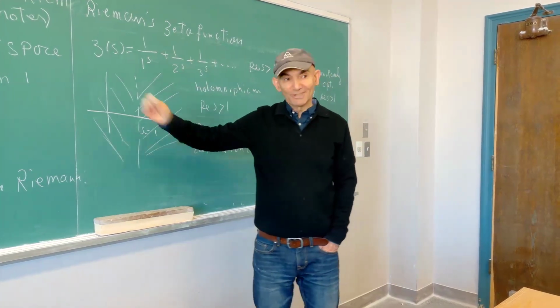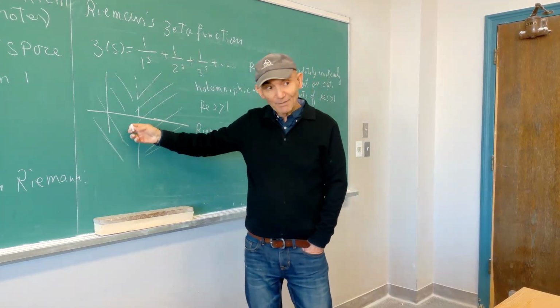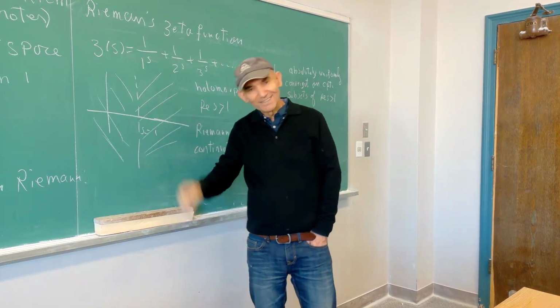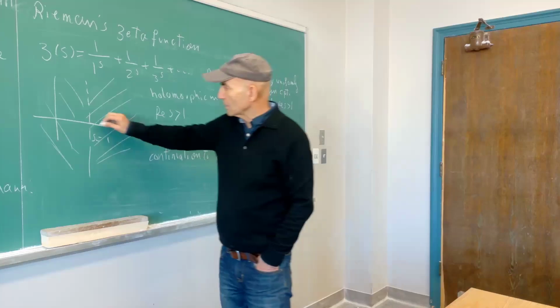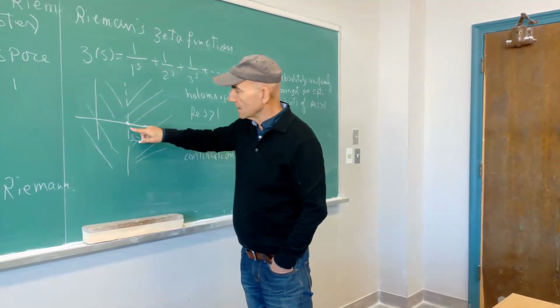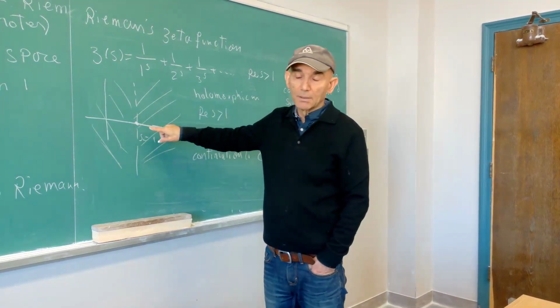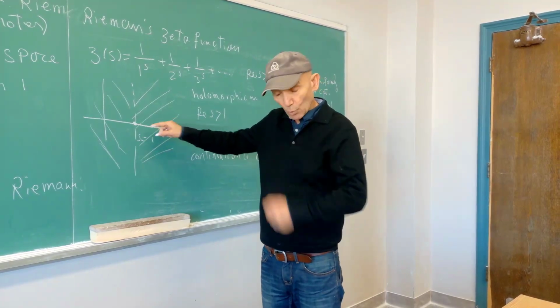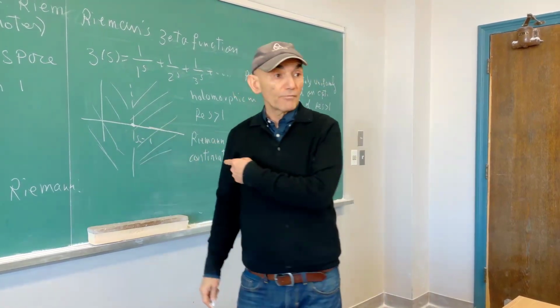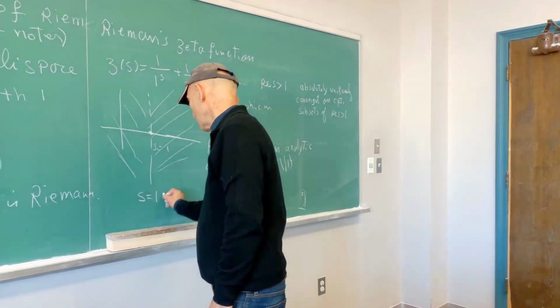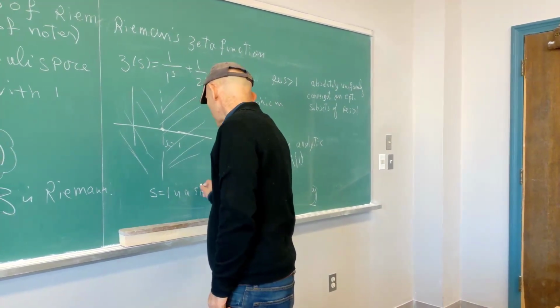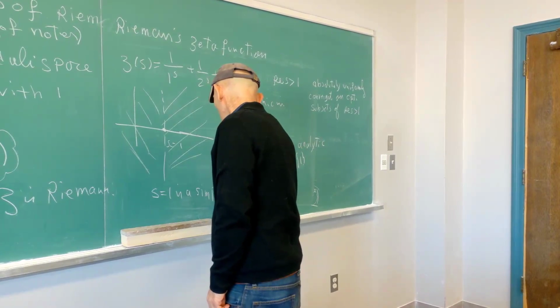There's another formula for zeta that makes sense there and matches this one here. That's the idea of analytic continuation. Now, this point s equal to 1 is a simple pole, and the residue of the function is 1. So s equal to 1 is a simple pole. This is known.